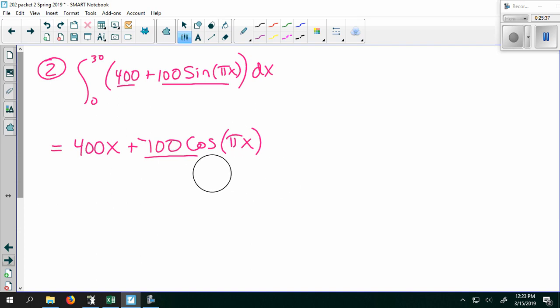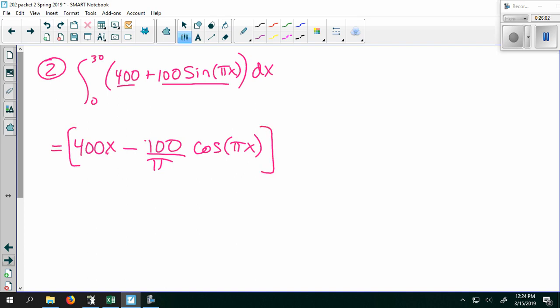So negative 100, oh, I need the over pi to make the pi's cancel. So this will be cosine pi x. Change that to just a minus. And I'm going to evaluate that from 0 to 30.